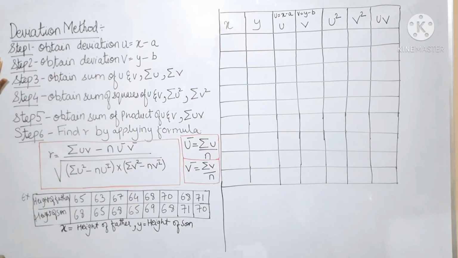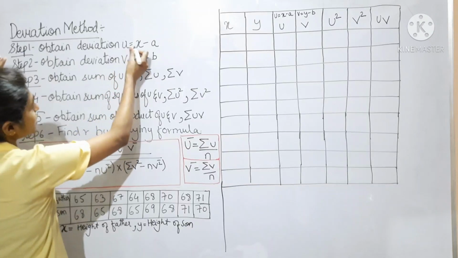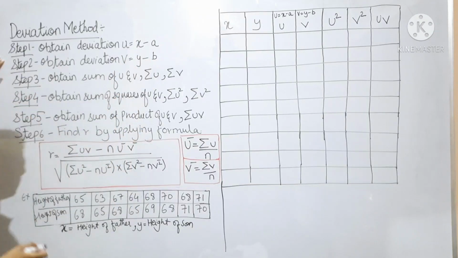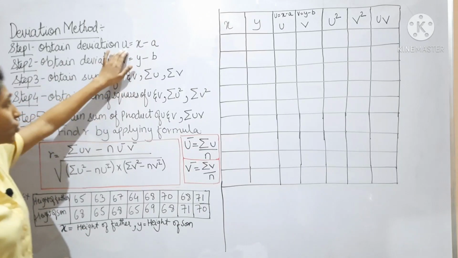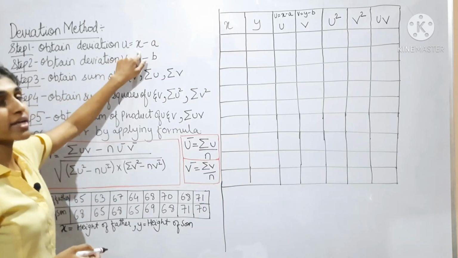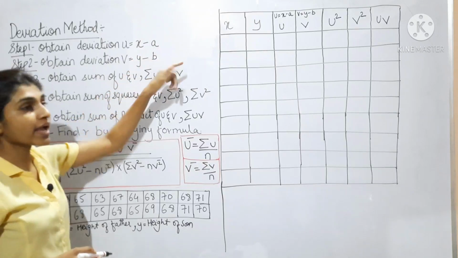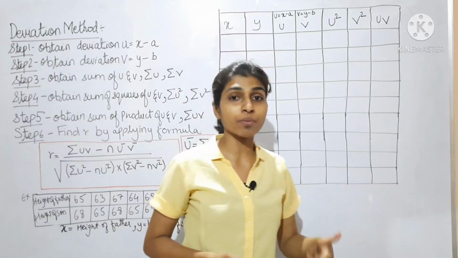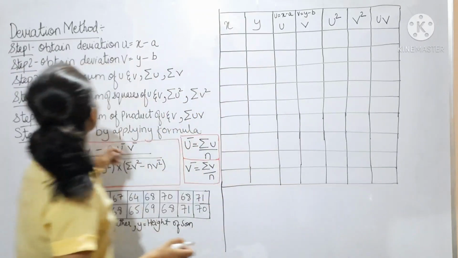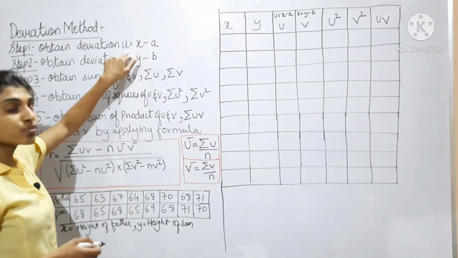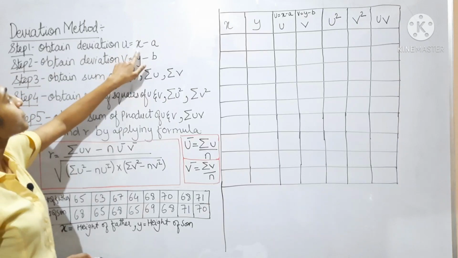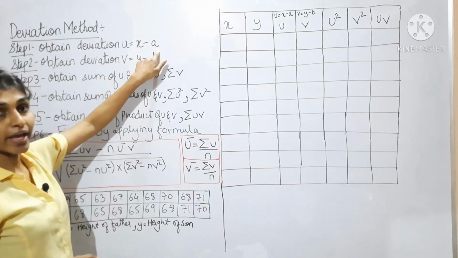The first step of deviation method is to obtain deviation u equals x minus a. There is a new letter, that is u equals x minus a. Here a and b are assumed numbers, assumed means. So the first step is to find u as x minus a.